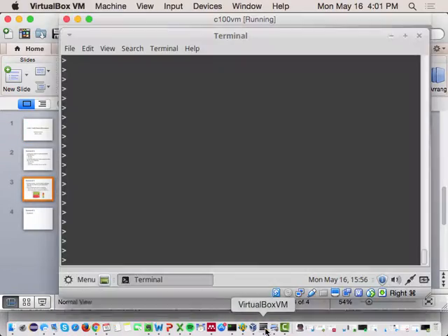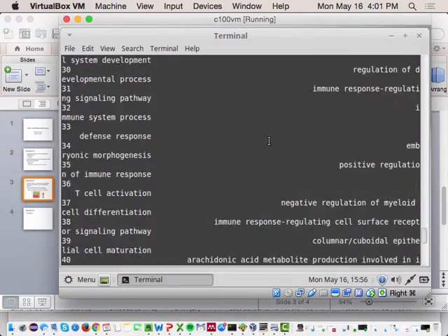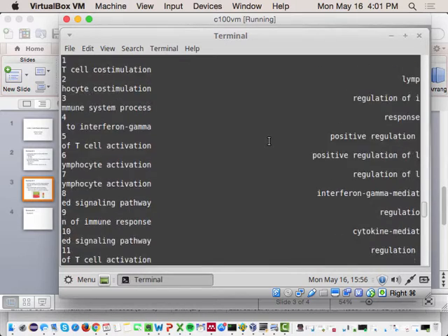What do I mean by that? Some of these pathways are pretty much the same thing. It's kind of hard to see on the screen, but one of these is called positive regulation of T-cell activation, and then another one's called positive regulation of lymphocyte activation, and then there's a third one called regulation of lymphocyte activation.